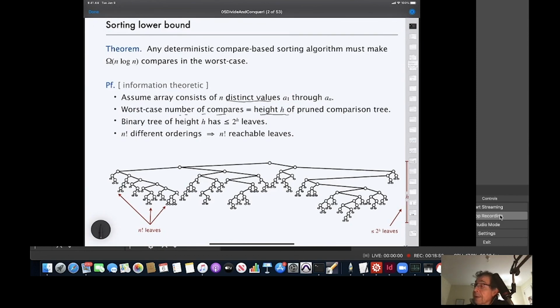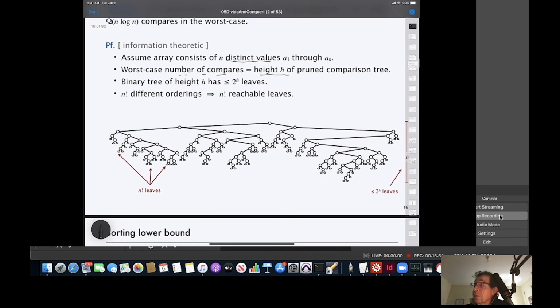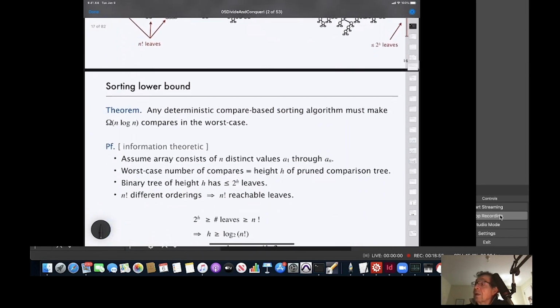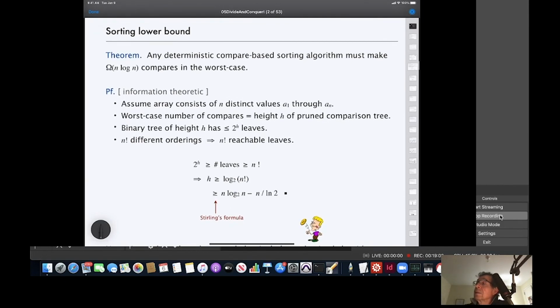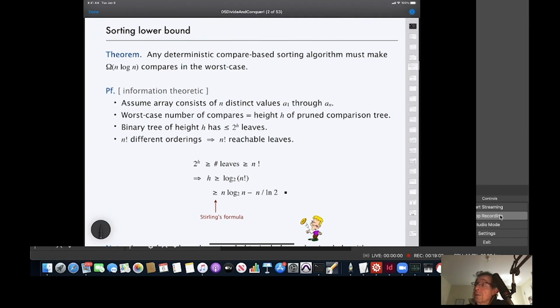So in general, the lower bound for the sorting problem would be for any deterministic compare-based sorting.